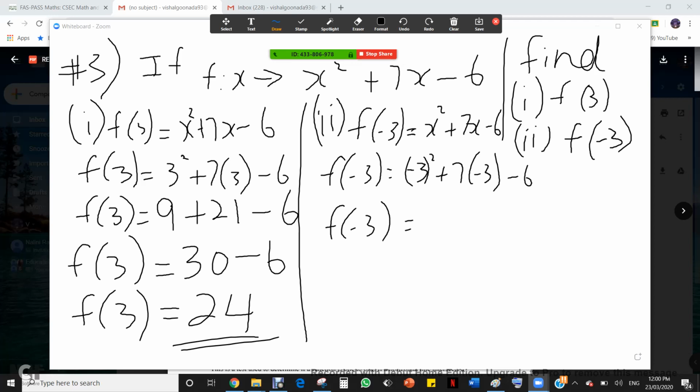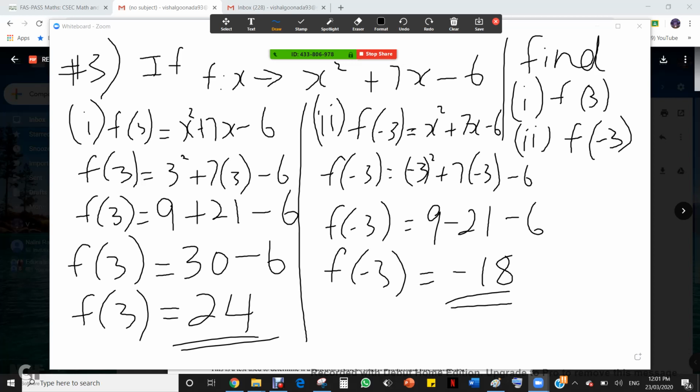So negative 3 squared is 9. 7 3s are 21. The signs are different, so it's negative. So f of negative 3 is equal to negative 36. Nope, negative 18. And that's the answer.